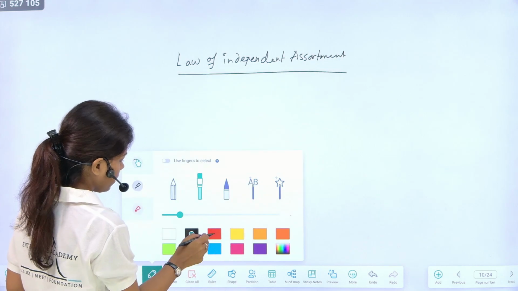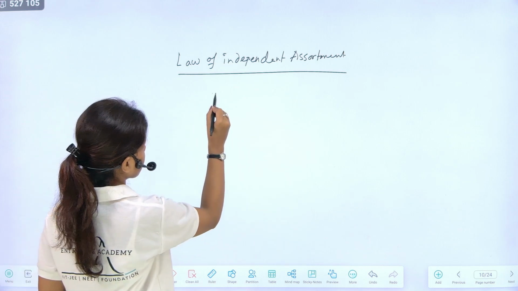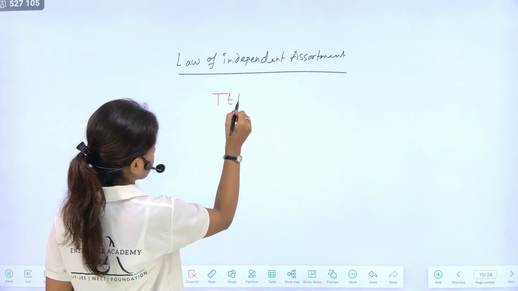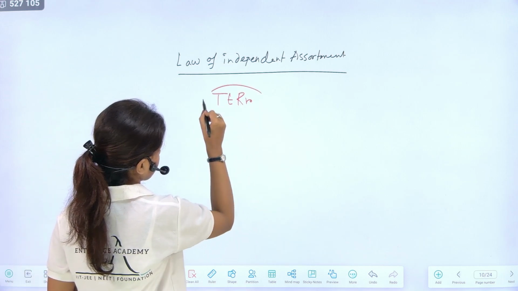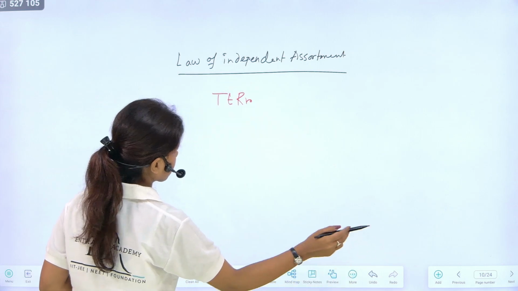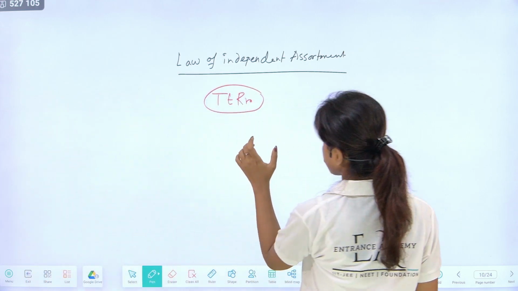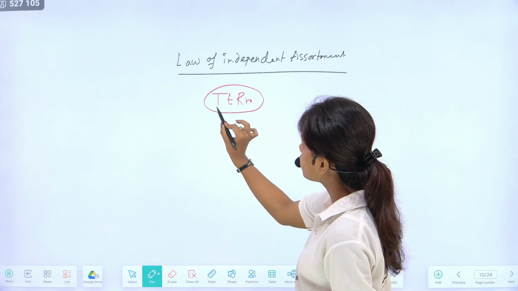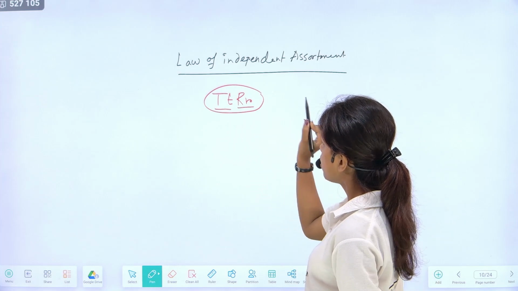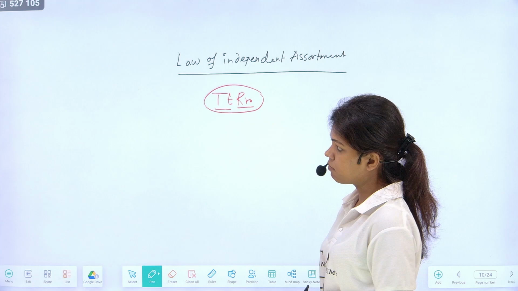For example, it is a condition of a seed of pea plant having one pair of character.